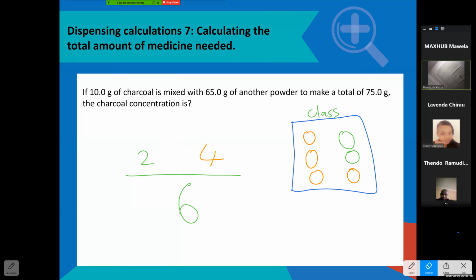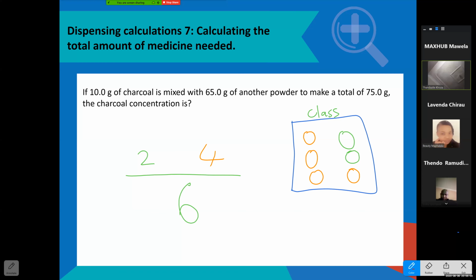Now, let's look at it differently. They ask you what percentage of learners in the class are green? Who can give me the answer? 40%.